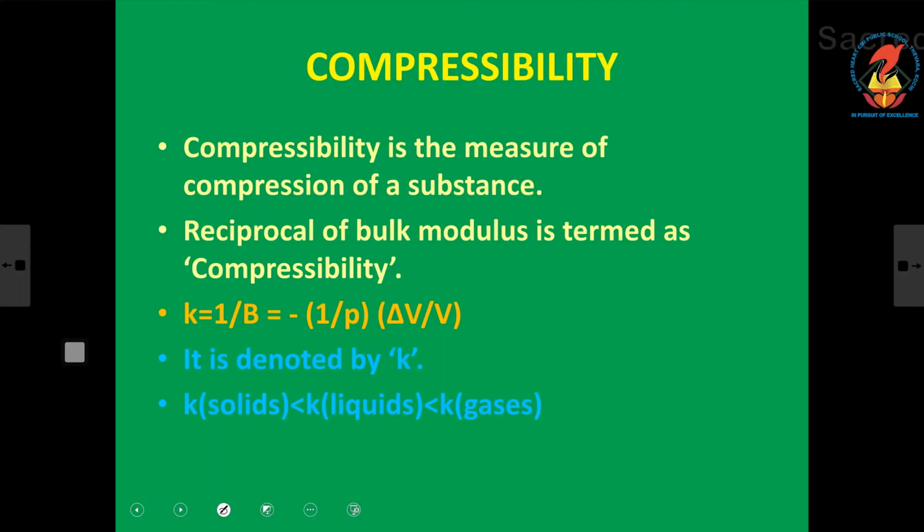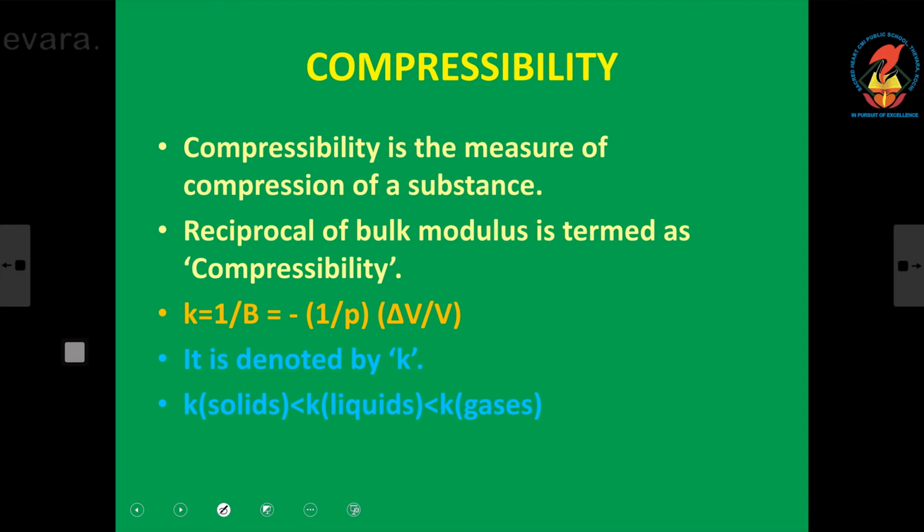What is meant by compressibility? I just now used the words solids are least compressible, right. So, what is meant by compressibility? Compressibility is the measure of the compression of a substance, and it is termed as the reciprocal of the bulk modulus. So, compressibility means reciprocal of the bulk modulus. I will write compressibility as small letter k, that is 1 by B.